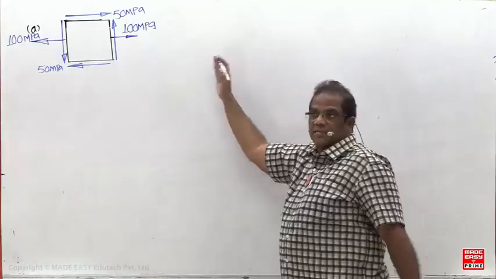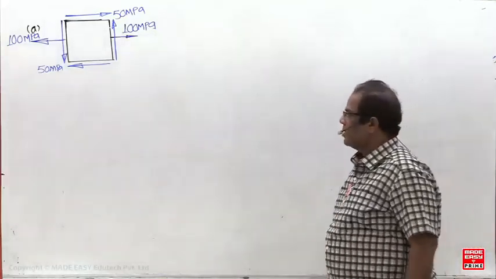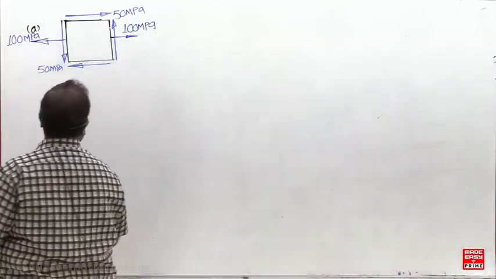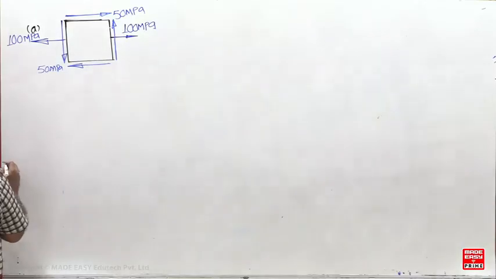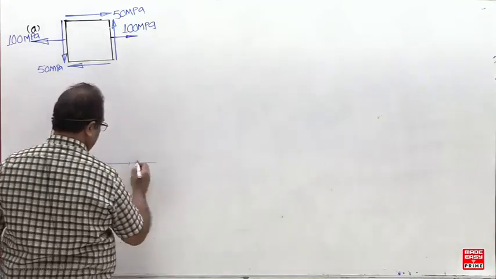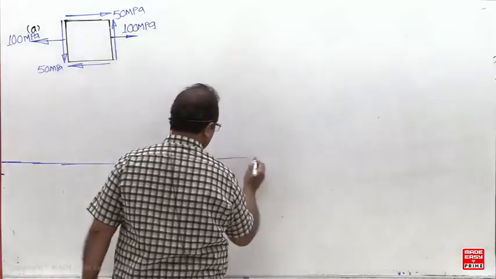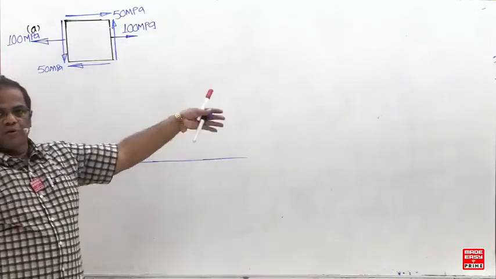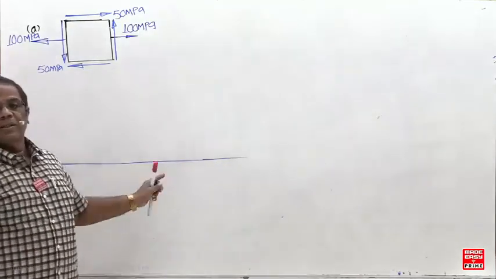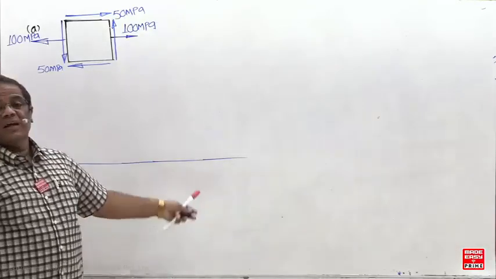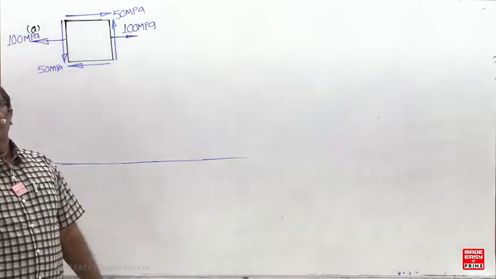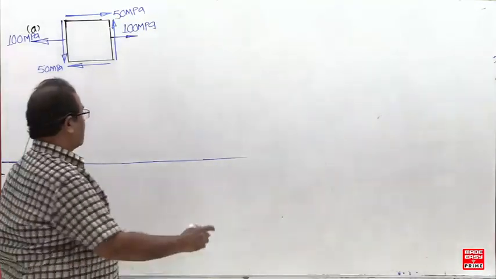I am leaving some space for my explanation, because after this I will take up three or four questions of the same type. First I am completing the objective examination. Four figures are given. Identify which of the following figures represents the biaxial state of stress at a point.